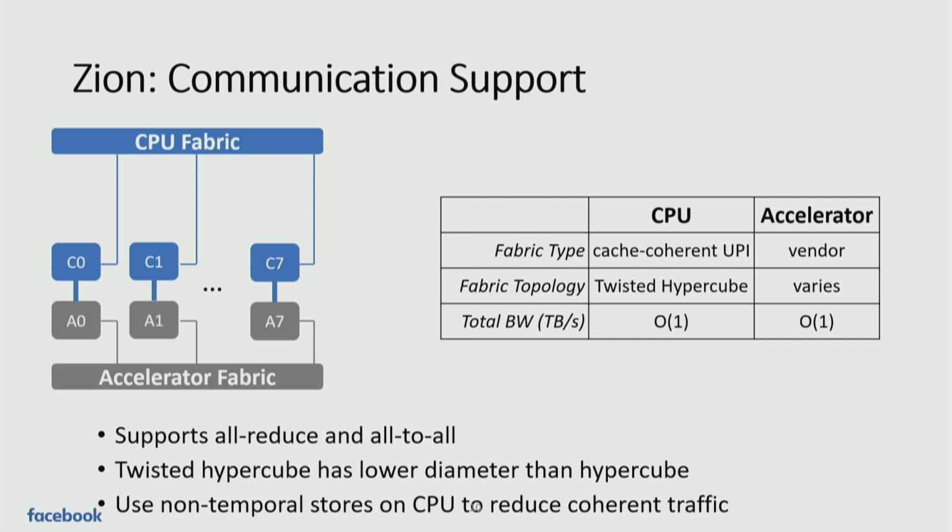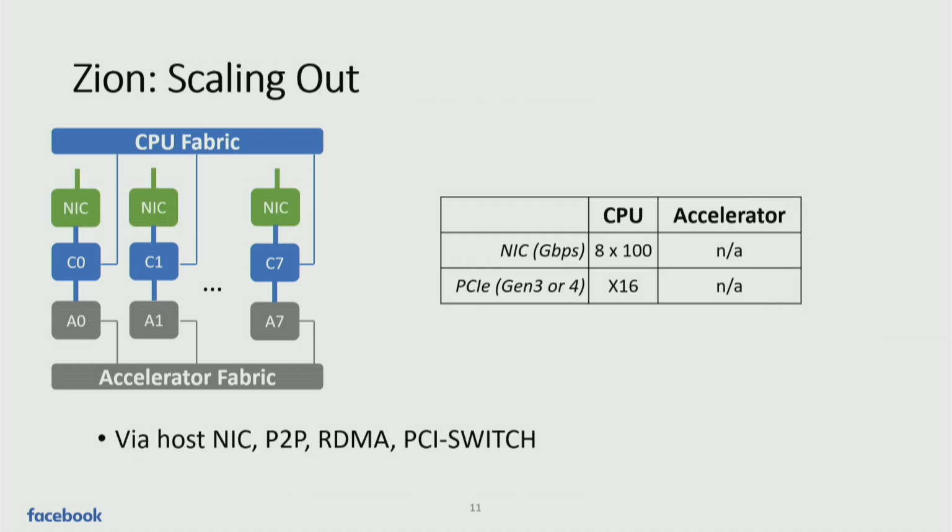For communications, the system has two interconnects, and they're disaggregated. You have a CPU fabric, which is a cache-coherent UPI fabric organized as a twisted hypercube, with low diameter and good bisection bandwidth, and you have an interconnect between the accelerators, okay? I'm going to talk about that interconnect in detail a little later.